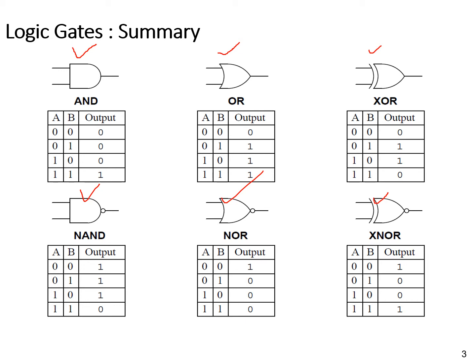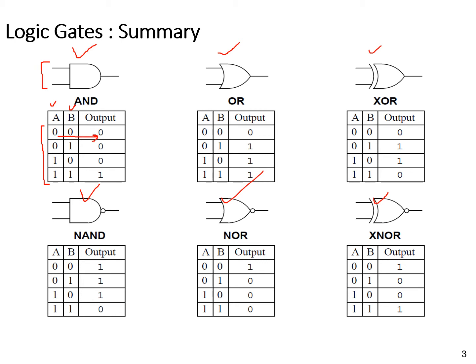I'm sure that most of you know about the truth tables of these logic gates. If we start from the AND gate, you can see that this AND gate has two inputs. Let us label the two inputs A and B. There will be four possible input combinations of these two inputs, A and B. Corresponding to these input combinations, this gate produces certain outputs.